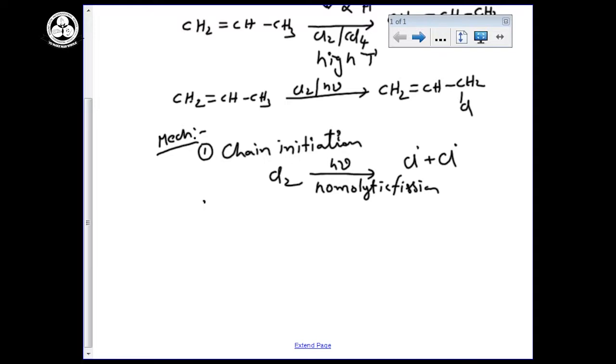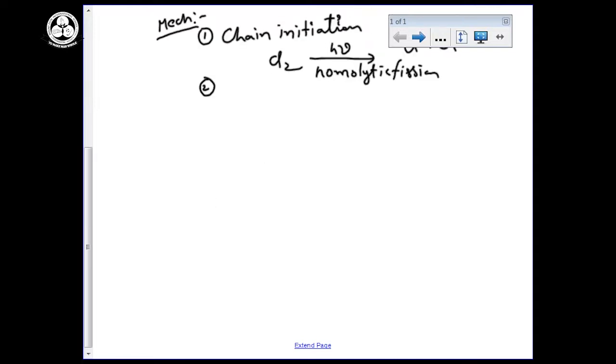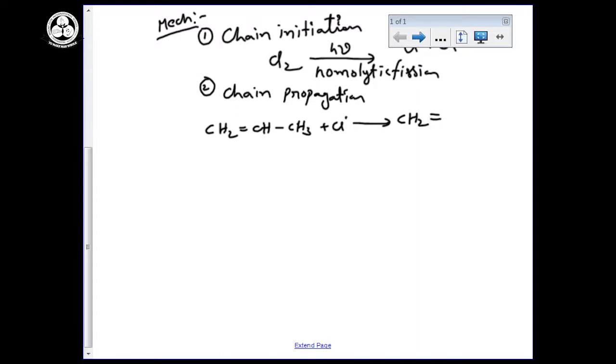Second step, chain propagation. We take our allylic alkene, add a chlorine radical, and get CH2=CH-CH2 dot plus HCl.